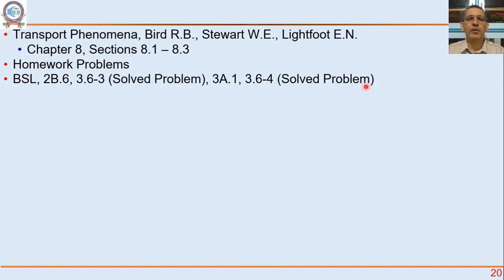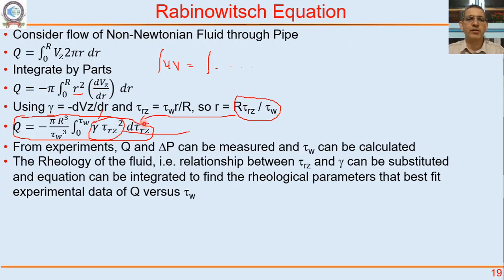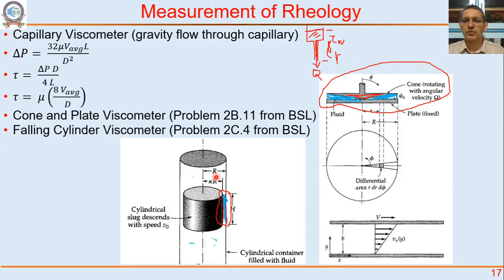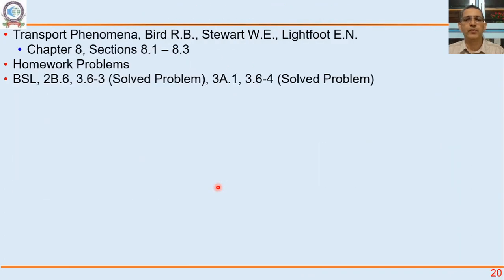Some of them are solved problems, some of them are unsolved problems. They are based on these viscometers, on cone and plate, on the falling cylinder, and so on and so forth. Okay, so solve these problems, and make sure that you have understood this well before you go forward.